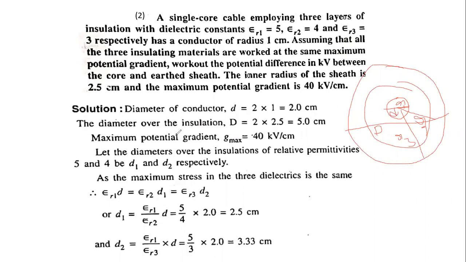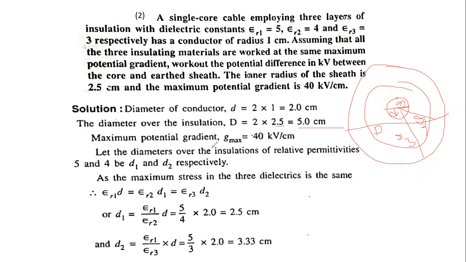Therefore, capital D is equal to 2 into the inner radius of the sheath, that is 2.5. Then we obtain the diameter over the insulation, that is 5 centimeters.